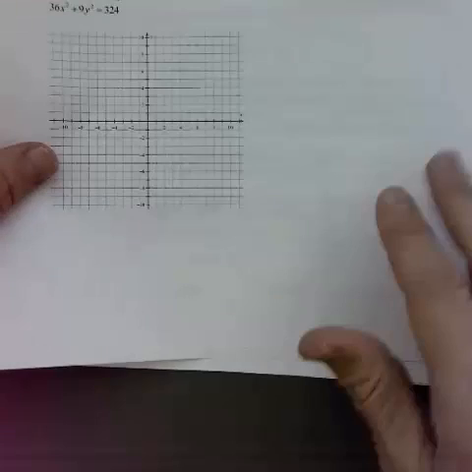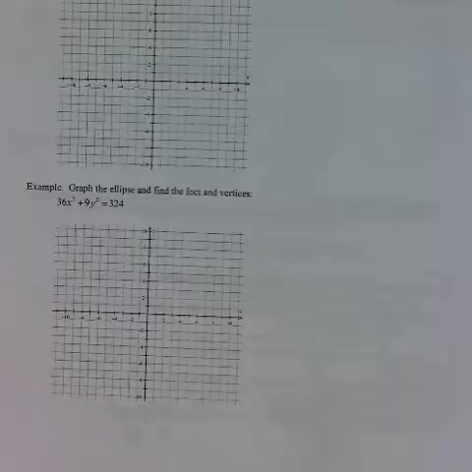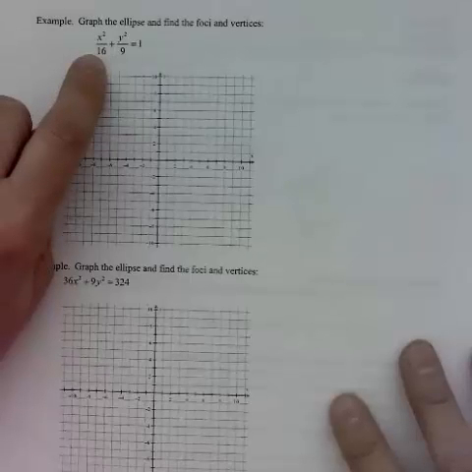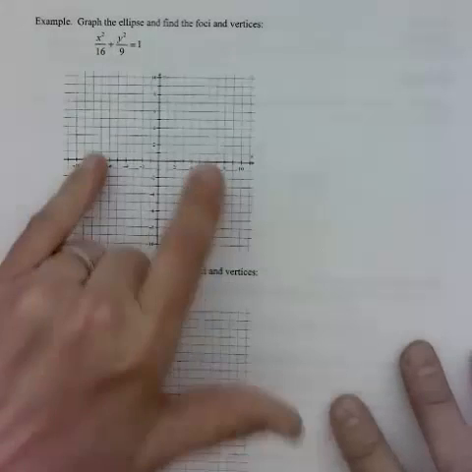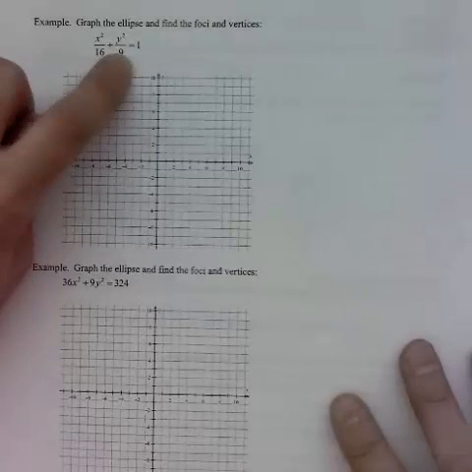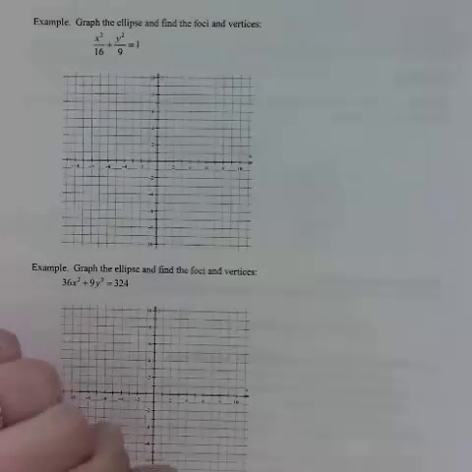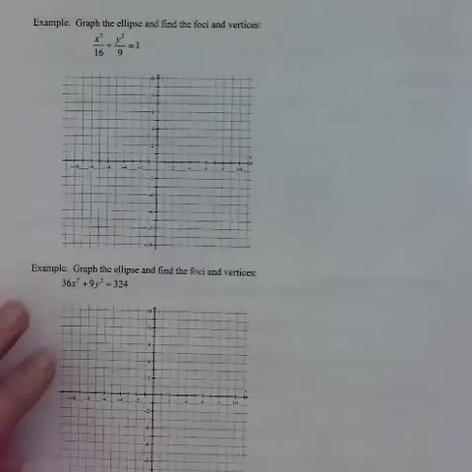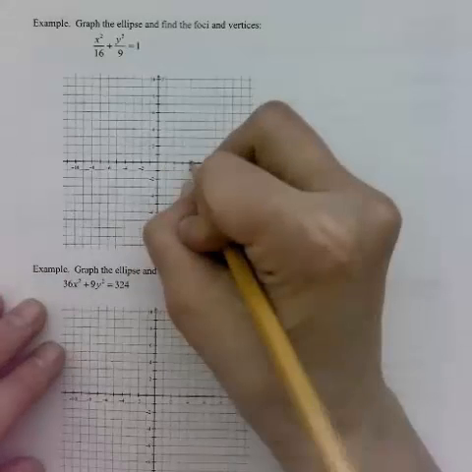Okay. Once you get used to the relationships, do a couple examples, it's pretty easy. So you just look at these numbers here. This one's bigger, so the major axis runs parallel to the x-axis, and a lot of times these are perfect squares, but if they're not, you can approximate. The square root of 16 is 4, so you just count 4 units in either direction from the center.